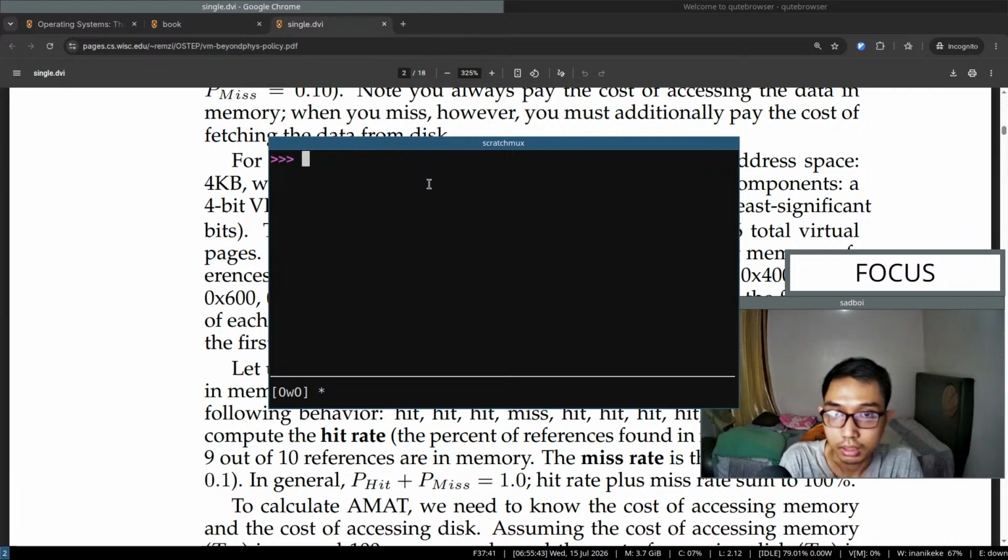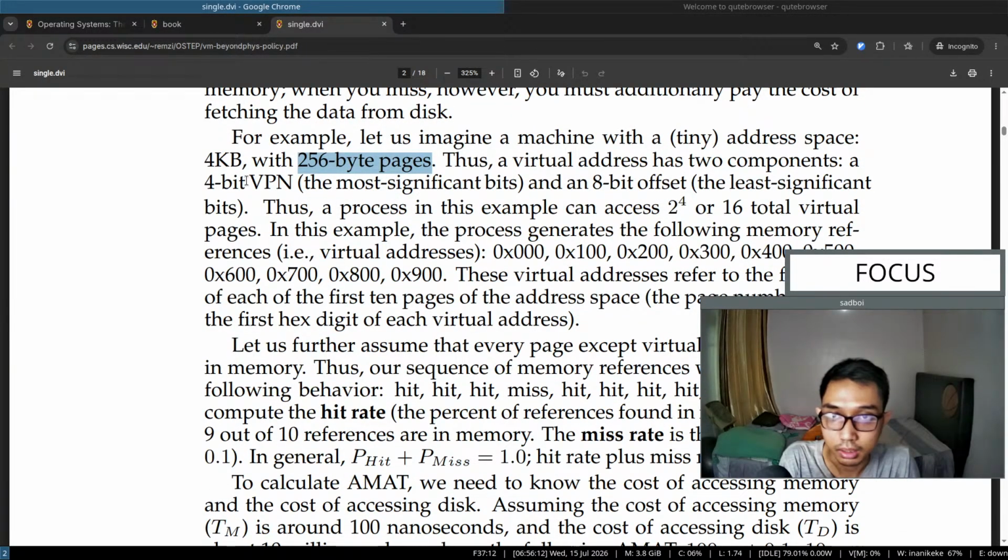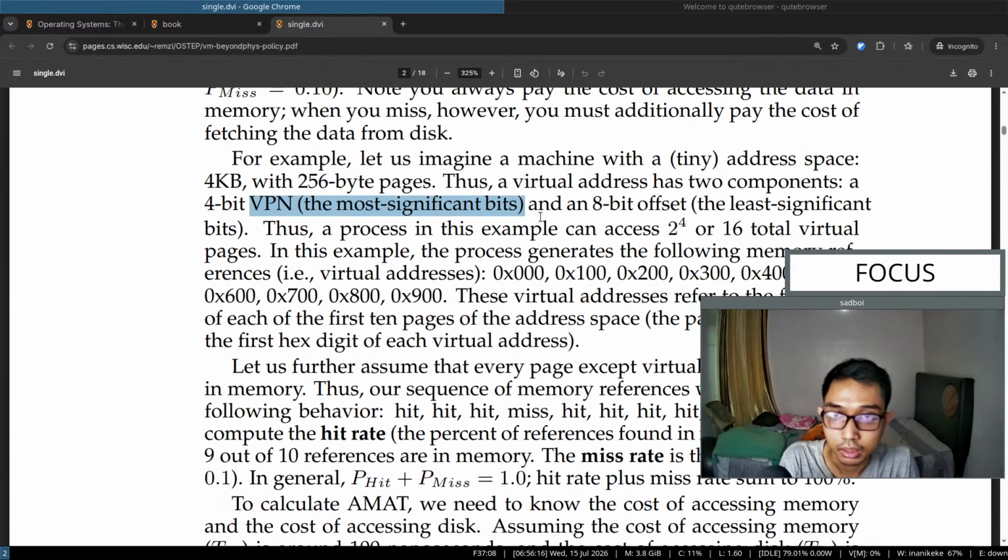If we take a look at this, it is 2 power 8, right? This is the bit or the binary digit. So basically there are 8 bits here. And then the rest is the virtual page number, the most significant bits.